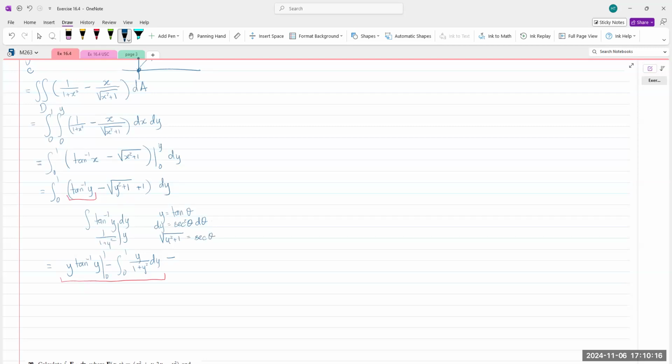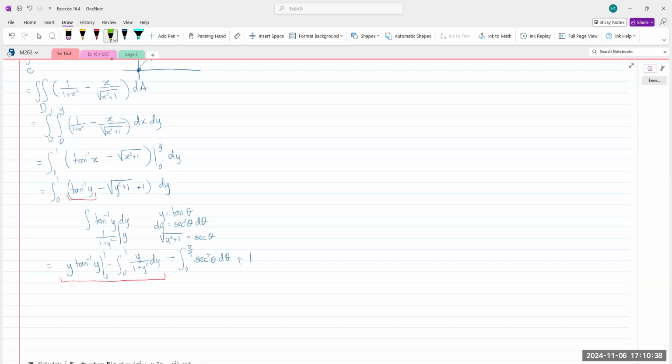So that becomes the integral from 0 to pi over 4 of secant cubed theta d theta, plus 1.